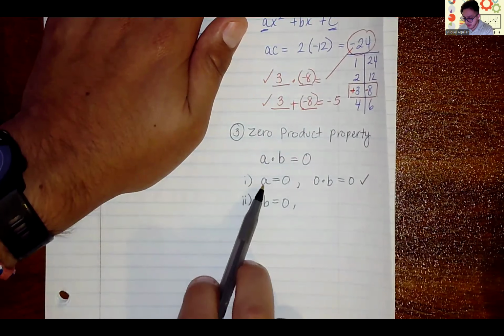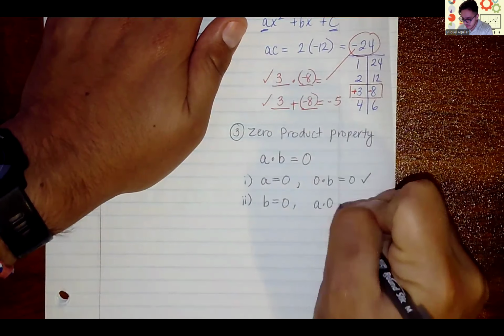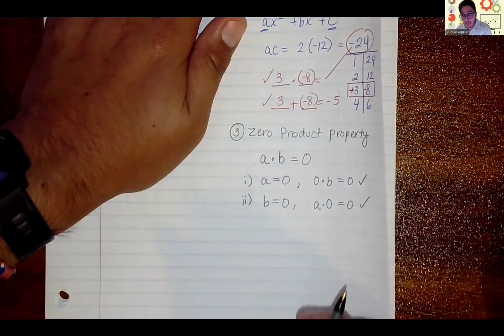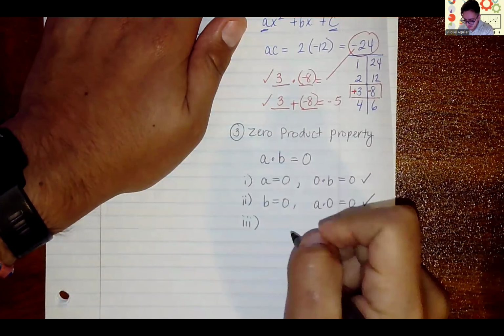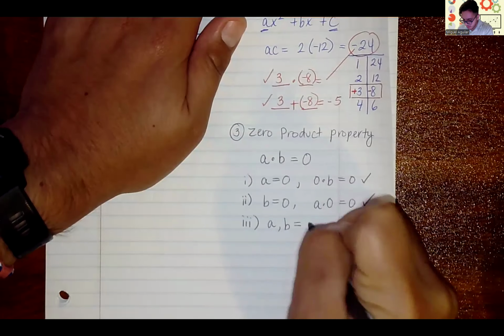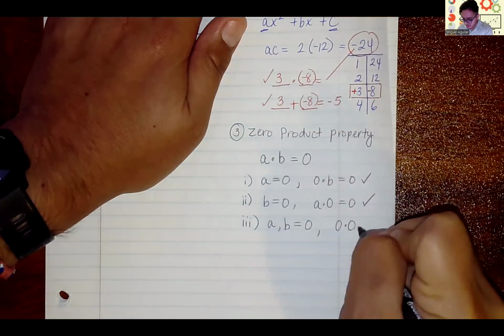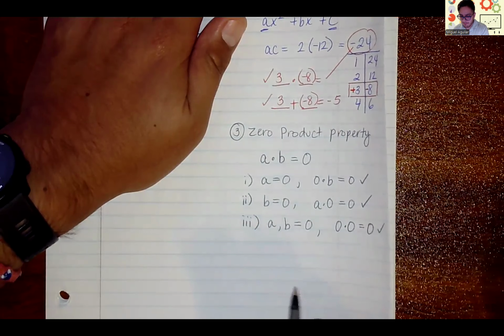Either A is equal to 0 or B is equal to 0, such that A times 0 equals 0. That should make sense. There is a third option. The third option is A and B are both equal to 0, since it should make sense that 0 times 0 is equal to 0. Okay, that's kind of an obvious situation.